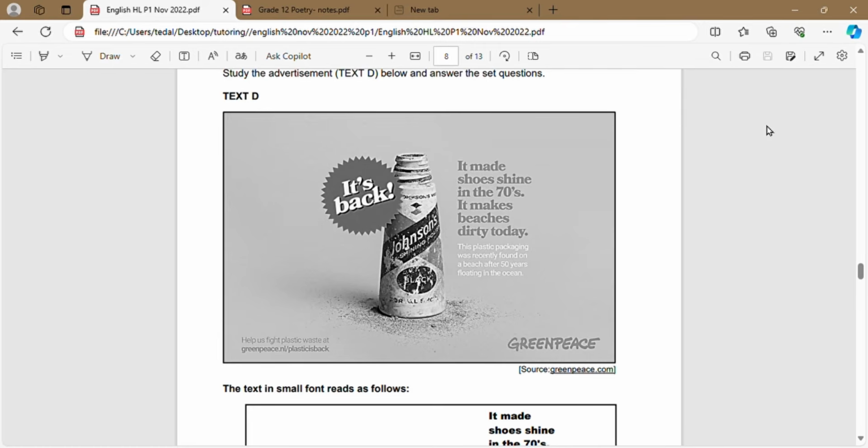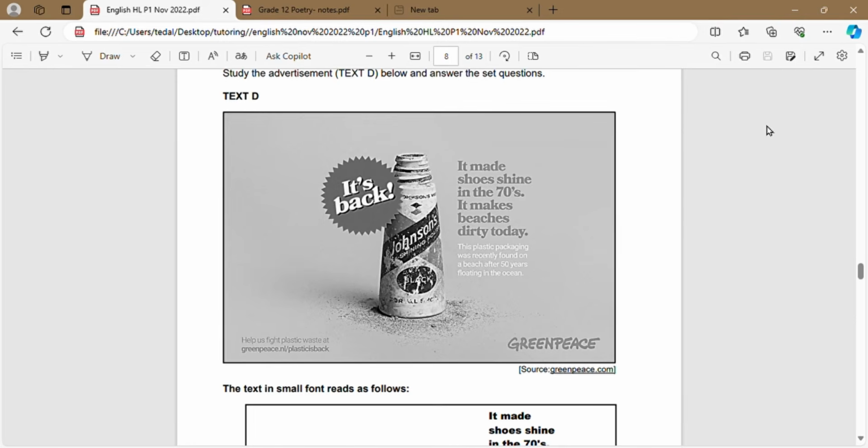So like this one, it's a Greenpeace one. If you know anything about the Greenpeace movement, they are trying to fight pollution and plastics in the ocean, and they are trying to fight for a greener environment, right? So if you can see there, the advert speaks to that.